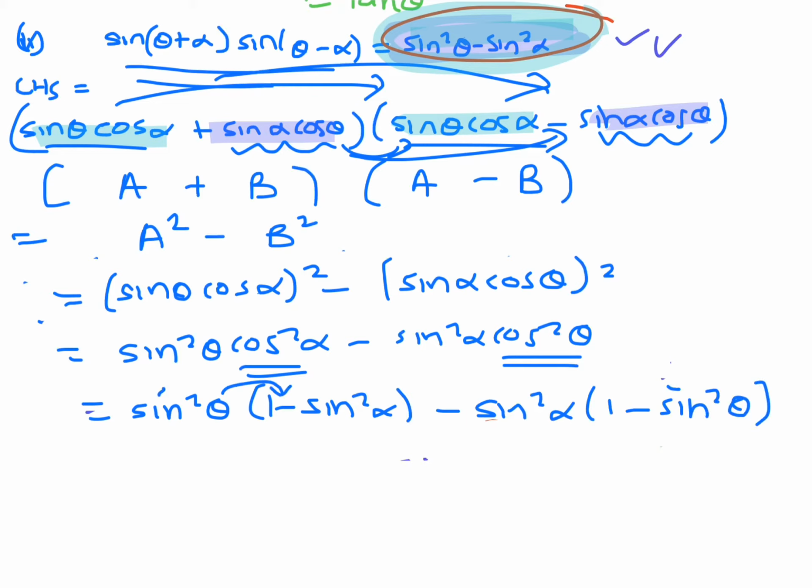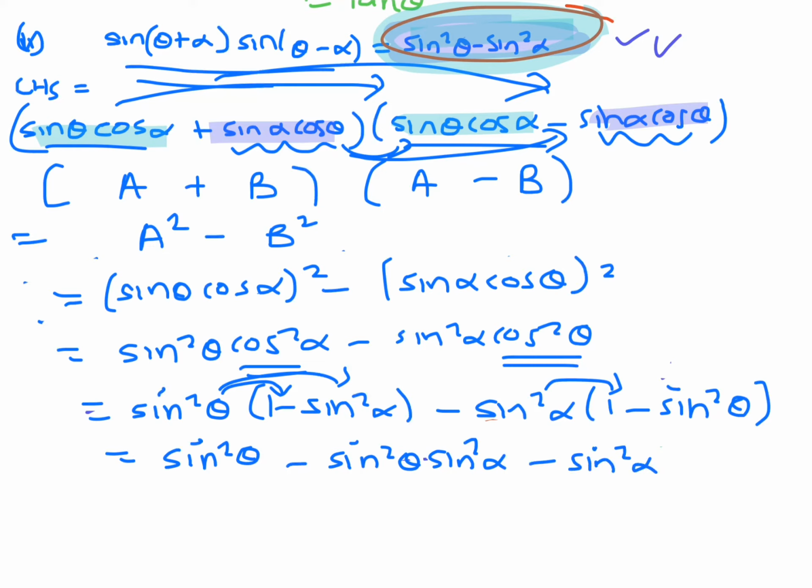And now if we open the brackets, sine squared theta times 1 is sine squared theta. Sine squared theta times minus sine squared alpha is minus sine squared theta sine squared alpha. Minus sine squared alpha times 1 is minus sine squared alpha.